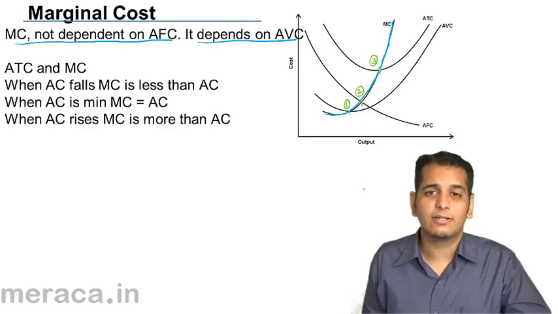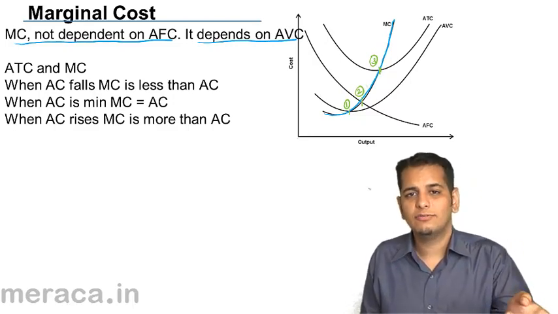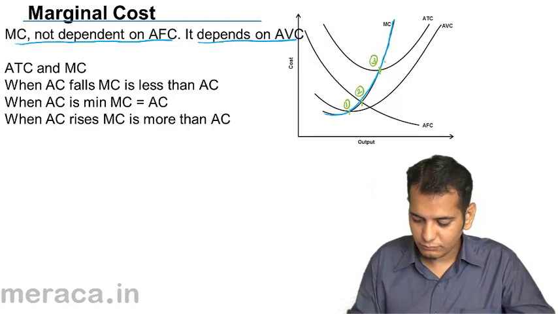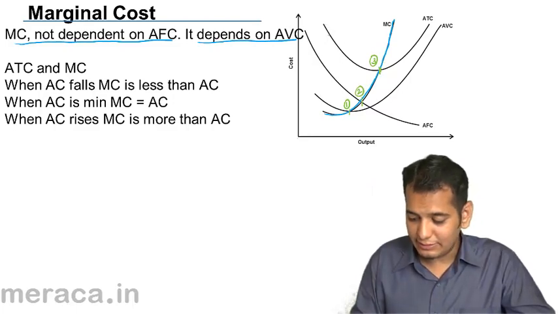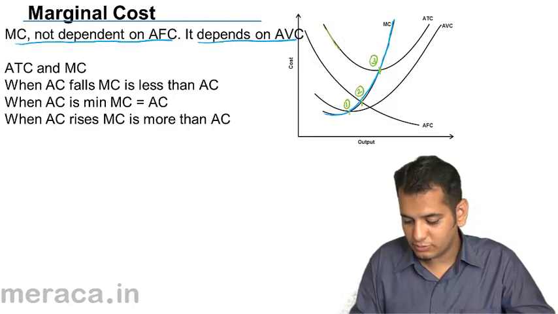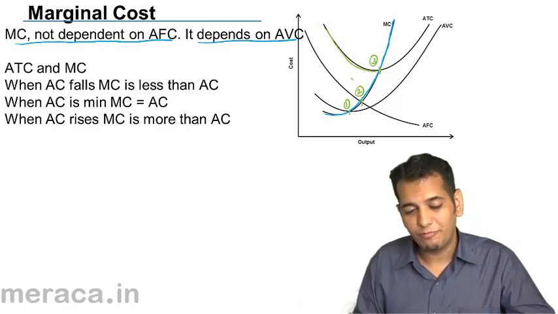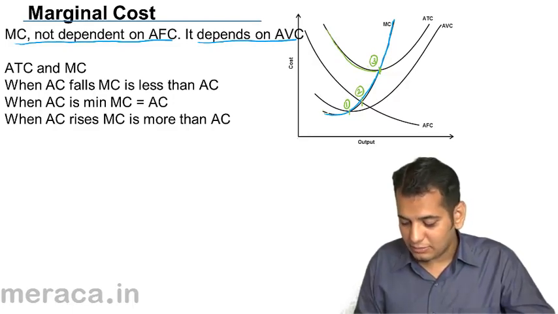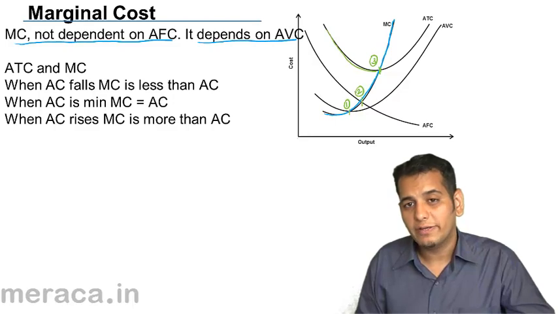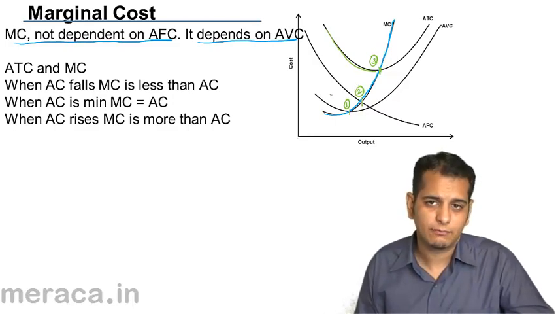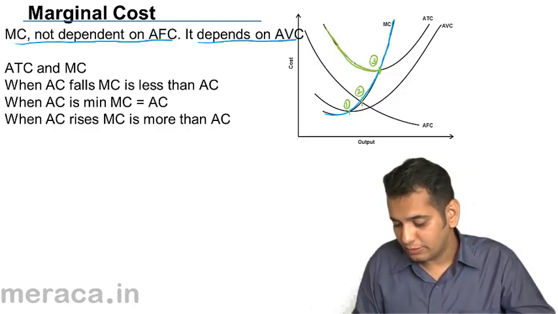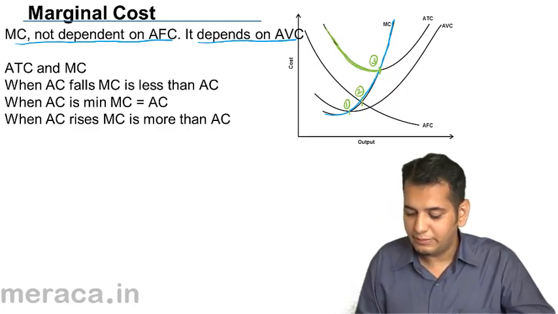Now let's understand the relation between the marginal cost curve and the average total cost curve. You can see that initially the average total cost curve is falling. And when the average total cost curve is falling, the marginal cost curve will always be less than it. Till the time the average total cost curve keeps on falling, the marginal cost curve will be less than it.